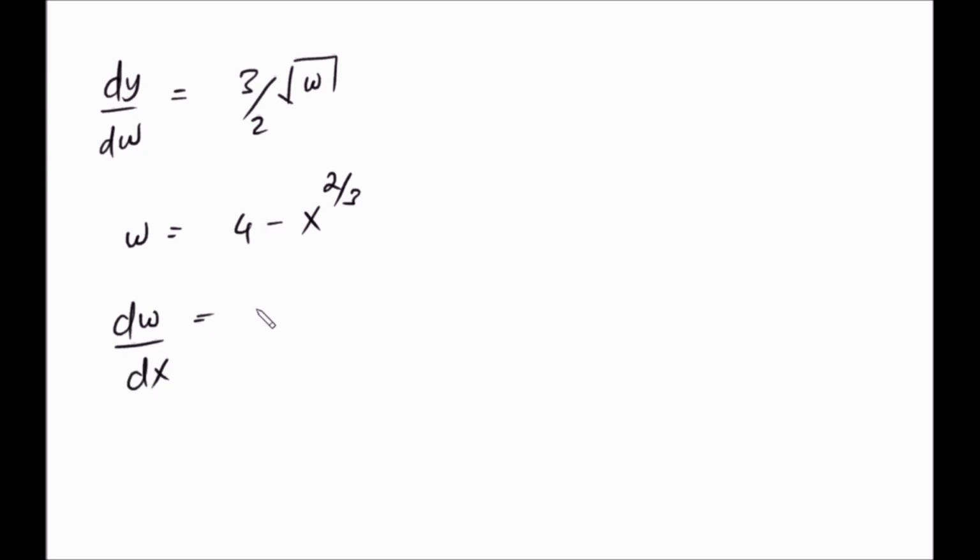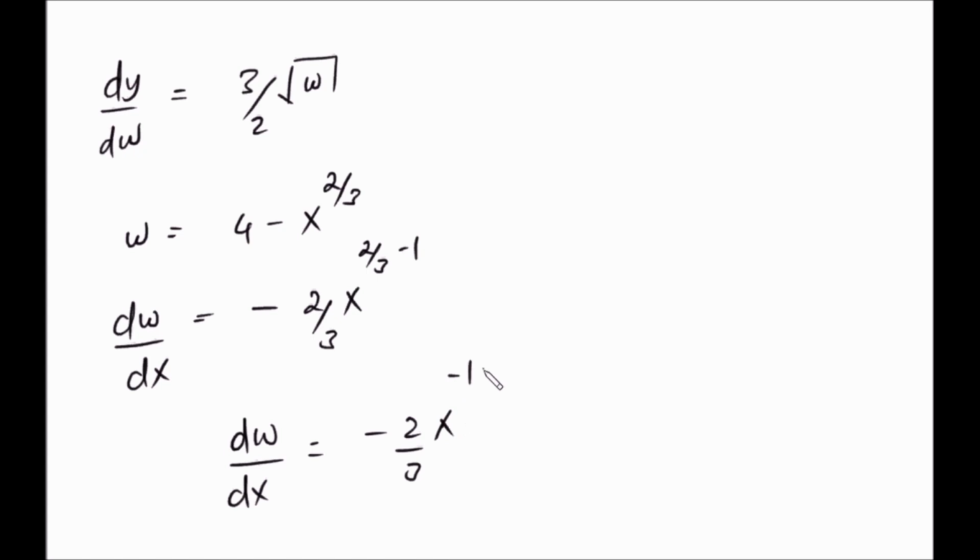Kidifferentiate 4 ni constant ni 0, kwa hiyo itakuwa minus, hapa nitapata 2 over 3 x power 2 over 3 minus 1. So 2 over 3 minus 1 ni nini? Negative 1 over 3. Kwa hiyo dw dx ni sawa na negative 2 over 3 times x power negative 1 over 3. So hii ni sawa na usemaje? Hii ni sawa na useme dw dx ni sawa na negative 2 over 3 x power 1 over 3. Hivyo.